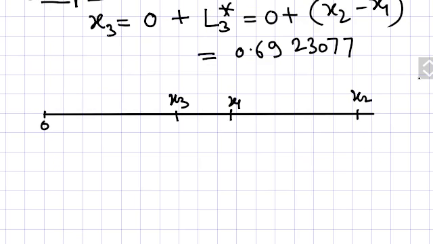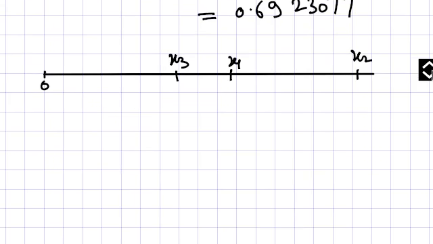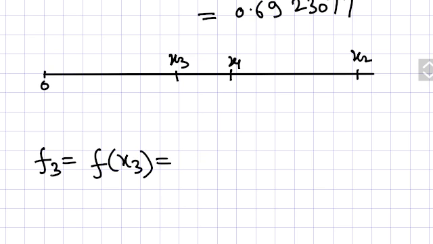Now we will find the value of the function here. The value of the function at point x3 will be, put this x3 value in that function, and you will get minus 0.2913632. And now we will compare it with f1.